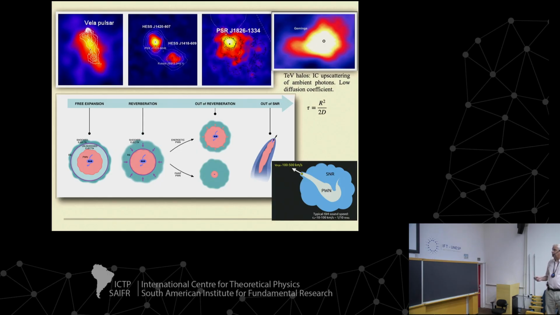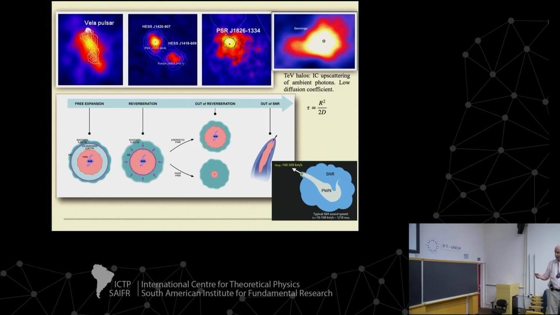The pulsars sometimes are born with a proper velocity that could be very high, for instance, up to 500 kilometers per second. This is because of the kick of the original supernova explosion that could be asymmetric, and then the pulsar can be expelled from the center of the supernova remnant.